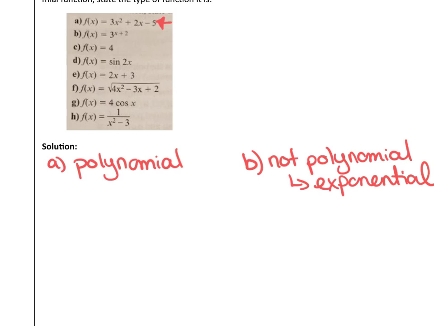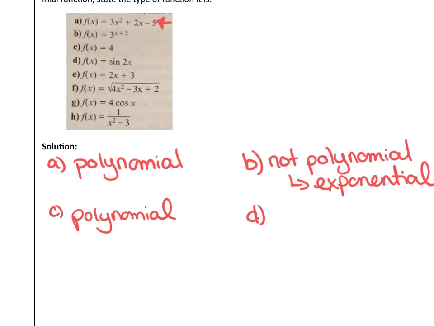Okay, and for C, f of x equals 4. This is actually a polynomial. It might not look it, but it is a coefficient and it makes a line. So we can say that it is a polynomial.